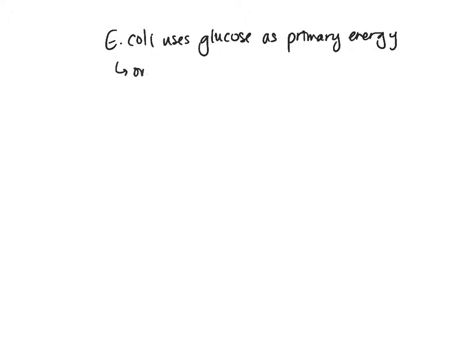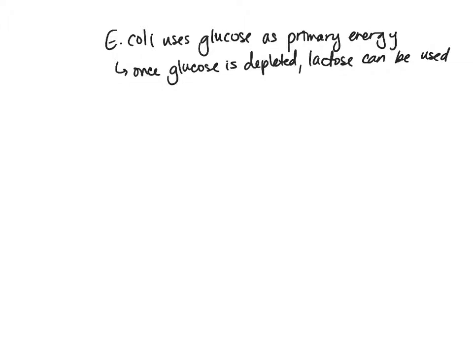But then once glucose is depleted, lactose can be used. But it has a slower growth rate with lactose. So even if lactose is present in the environment, if glucose is present in the environment, it's going to be utilizing glucose for metabolism.